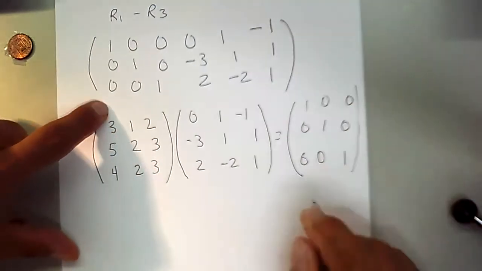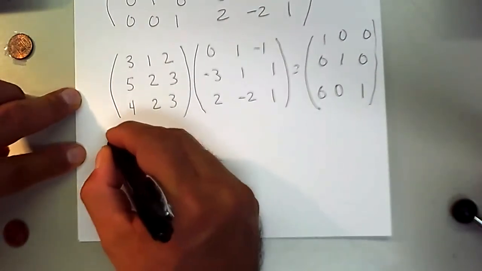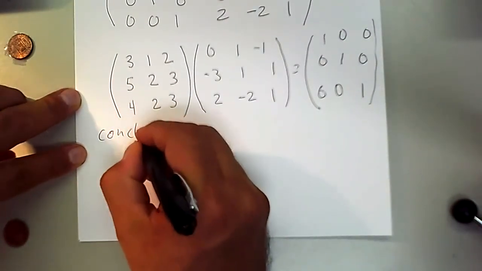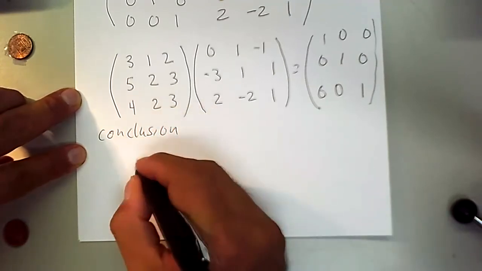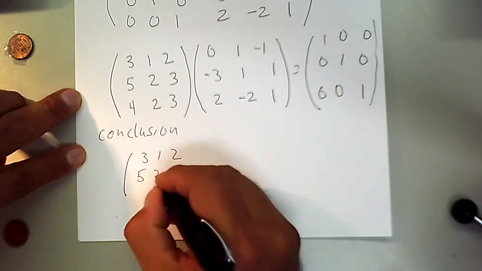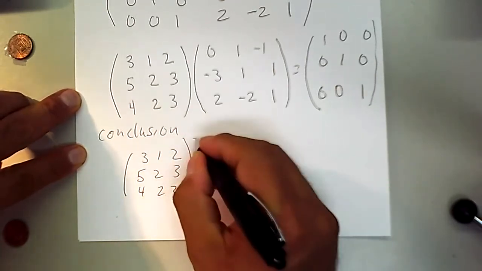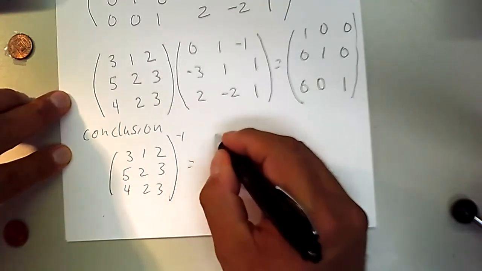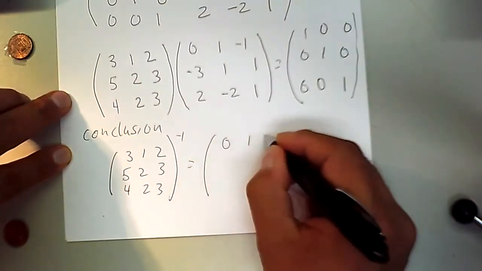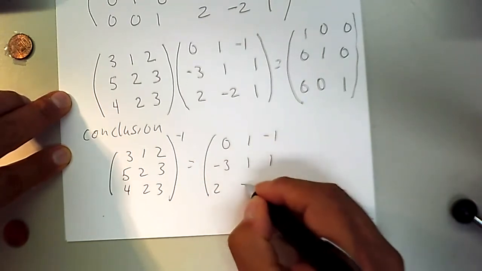Okay, so now we can say the conclusion is that the inverse of the matrix 3, 1, 2, 5, 2, 3, 4, 2, 3 is equal to 0, 1, negative 1, negative 3, 1, 1, 2, negative 2, 1.